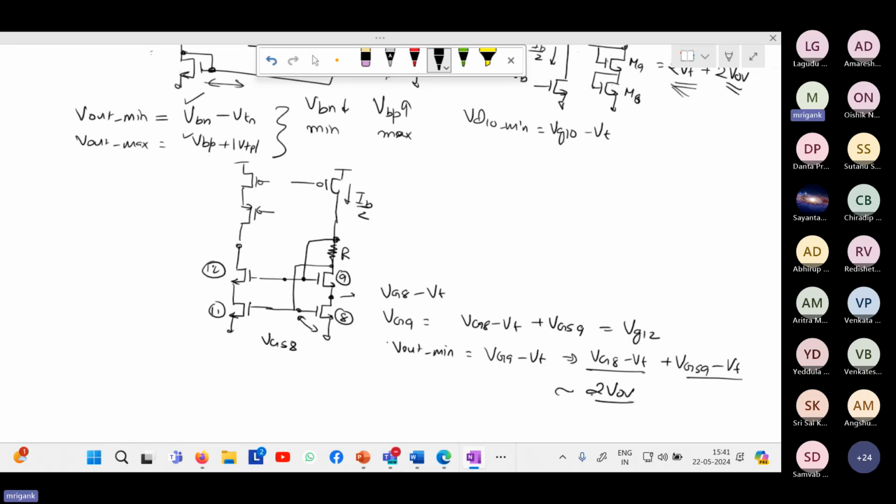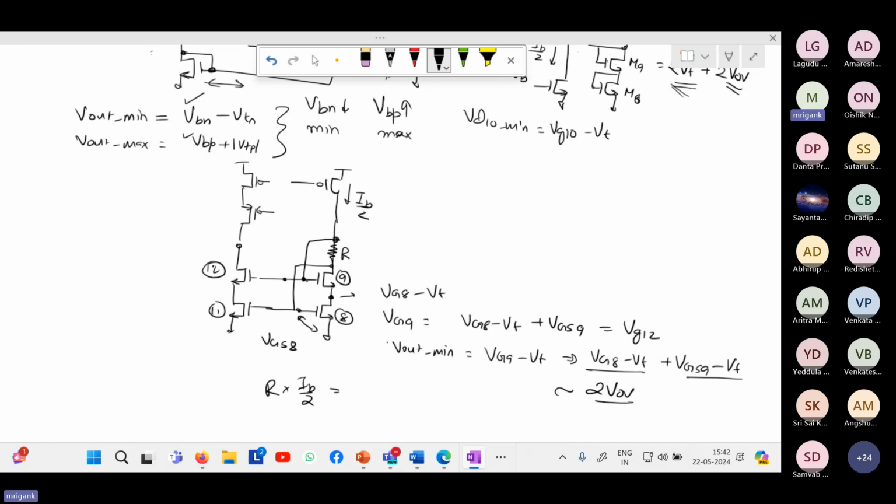The condition for this is that there is a relationship between VG9 and VGS8. You have to size the R properly. So what should be the R value? Whatever IB by 2 we have, this IB by 2, whatever current is flowing through that, this into R should be equal to what?